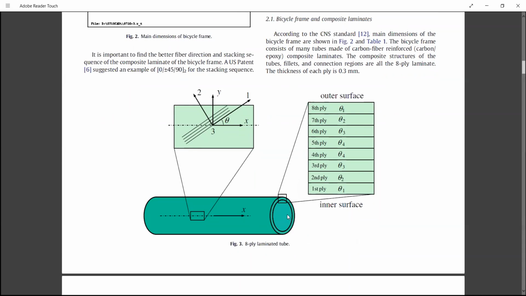It's a laminated tube. It has 8 plies in it, all at different angles. This is what we are trying to do, and we are still in the process of understanding the macro mechanics of a lamina. I hope you have got some understanding of what we are trying to do.